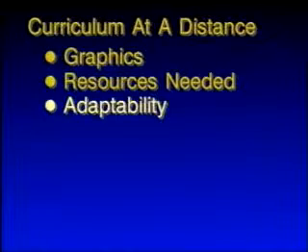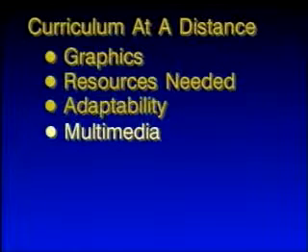So we need to examine what this teacher is expecting and how the students may access those materials. We need to look at the adaptability, not only of the materials, but of the teacher and the teacher's teaching style, and the curriculum's adaptability to meet the needs of the students at a distance. We need to look at whether or not multimedia is being considered as part of the materials to be used. And as we look at multimedia, how can we make it accessible to all of our students?